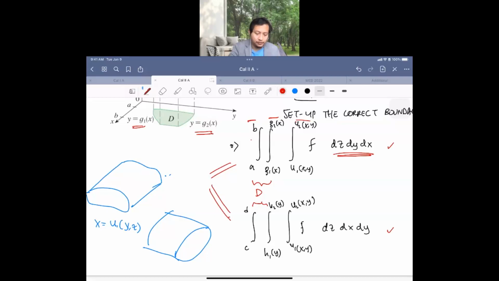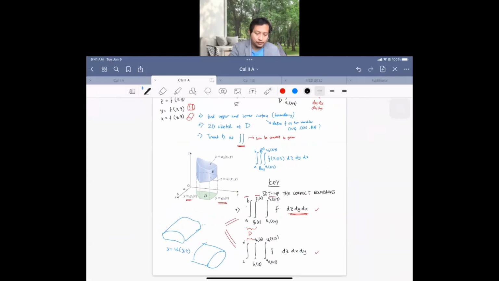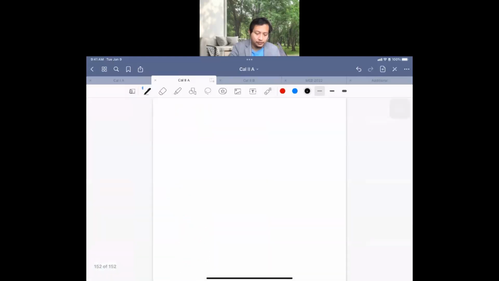Now I hope you can get the idea of this arrangement first. Okay, the arrangement. But let me go to examples.